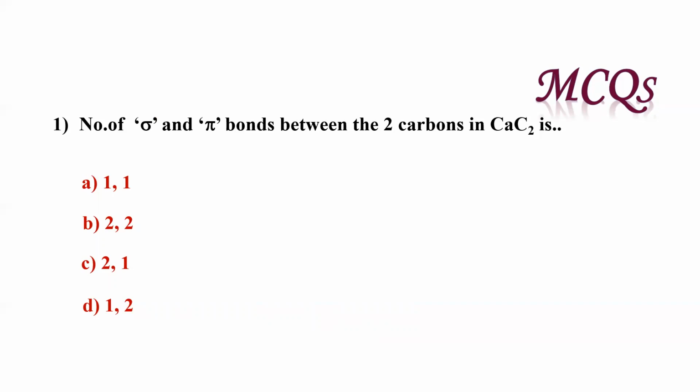What is the type of bond between the 2 carbons there? Yes, it's a triple bond. In a triple bond, how many sigma and how many pi bonds do I have? You will have one sigma bond and two pi bonds. So option D is your answer.